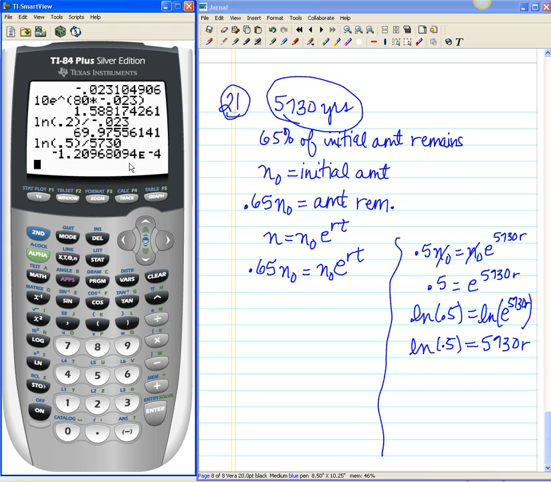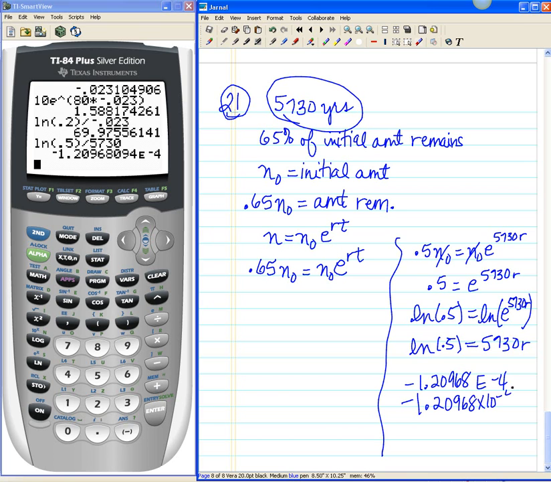Okay, this is negative 1.20968 and so on times e to the negative 4, which means negative 1.20968 times 10 to the negative 4. So it's scientific notation. To convert it out of scientific notation, we have to move the decimal point 4 places to the left, which is going to make that a negative 0.00012. 1 will round off there.